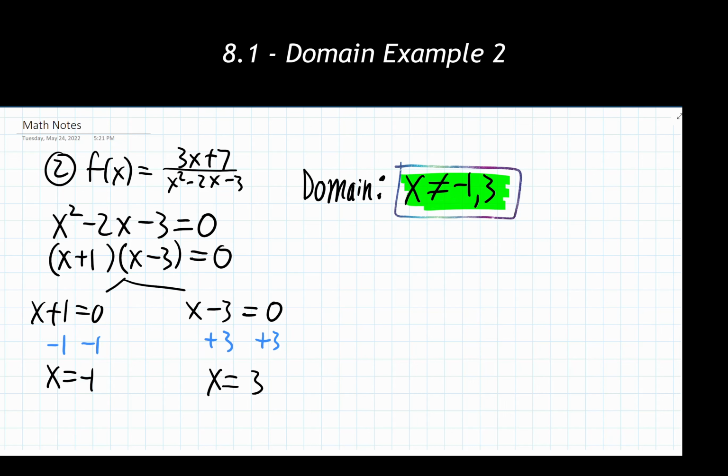I've seen plenty of people forget to put that little comma right in between there, and they'll write an answer or type an answer as -13, which anyone who doesn't see the comma is going to interpret that as -13, and you might get dinged for that. So just make sure you're listing all those values separated with a comma in there, and then you're good to go.